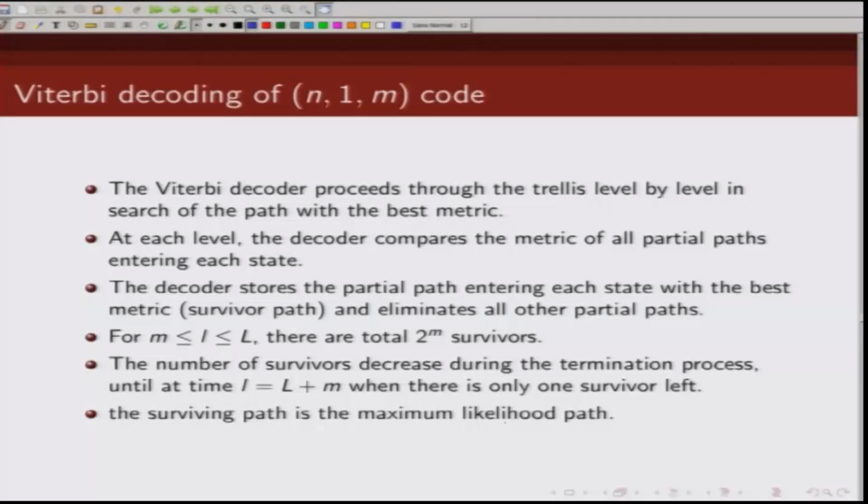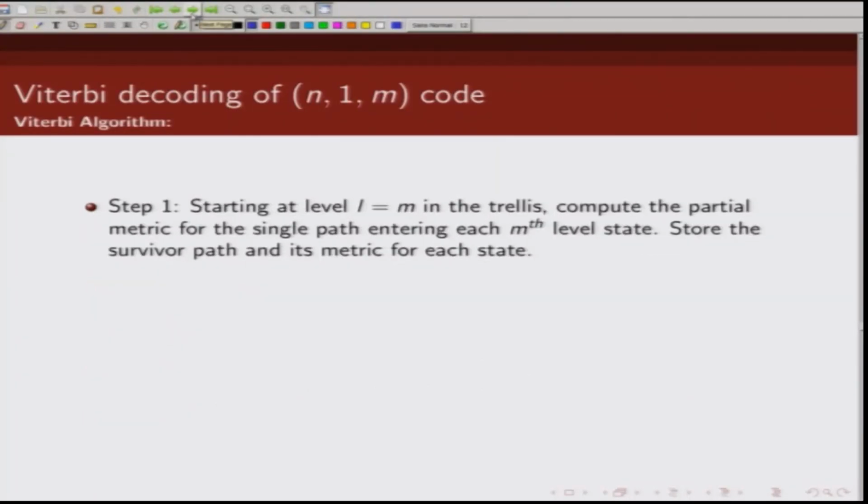When we reach the final time instance, which is the final all 0 state, we will be left with only one path, and that surviving path is our maximum likelihood decoded path, and then we backtrack to get back what were the code bits and the information bits corresponding to that particular path.